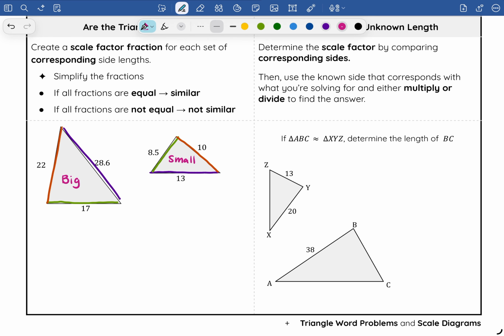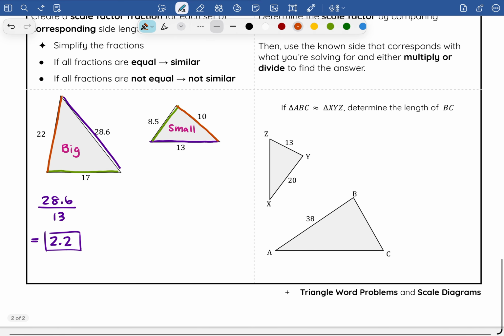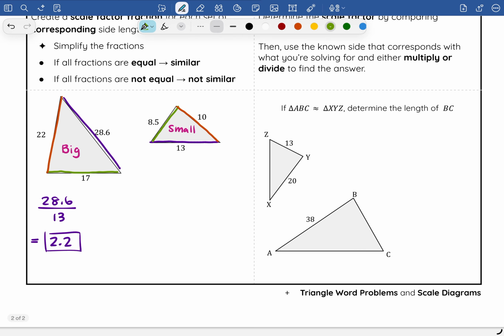So choosing my big sides, or the longest sides here, comparing those, we get 28.6 over 13. Typing that into our calculator to see what this is, it's 2.2. Okay. Comparing the smallest sides on the two triangles, that's what I have listed here in green.